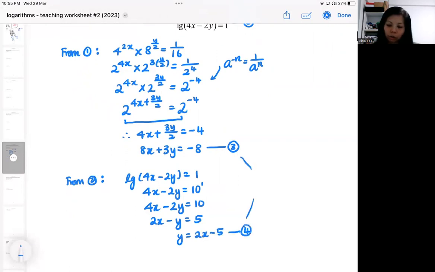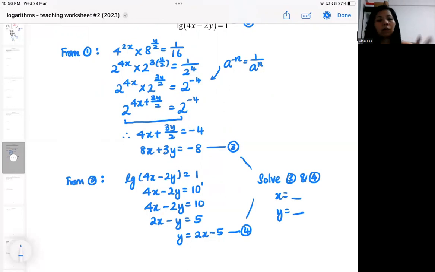I'm quite sure you will know how to solve these two equations, which are like your Sec 2, to find your x and y. You could be looking at two log equations, two indices equations, or a mix. Whatever it is, use the indices rule or logarithm rule to reduce to a Sec 2 look-alike equation.